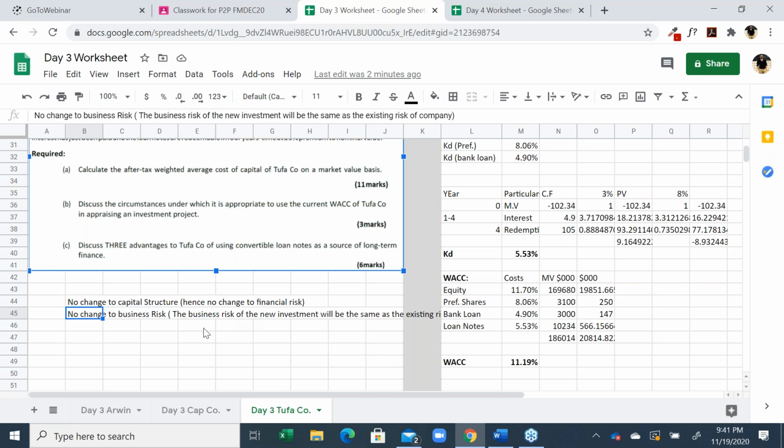The disadvantage is that in the future, these people may become your partners and it will dilute your voting power. The first advantage was that by giving the conversion option, you will have more people interested in buying these convertible loan notes, as many people will be interested to get this conversion option.